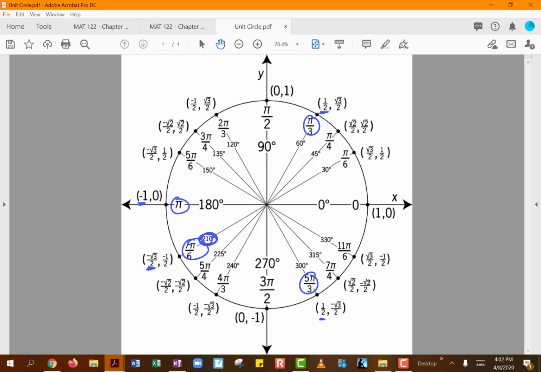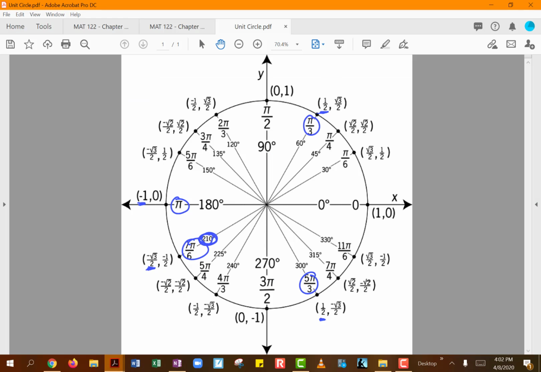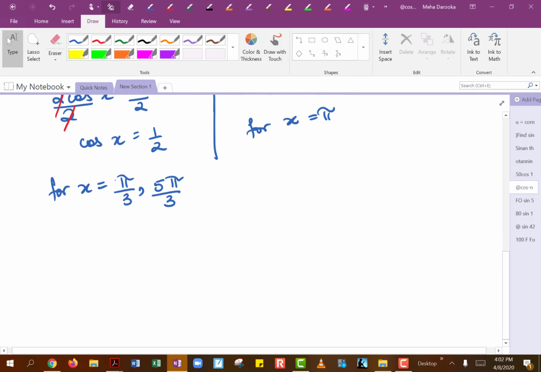You had cosine of x equal to 1/2 at pi over 3, and cosine of x equals 1/2 at 5 pi over 3. And then for this side, cosine of x equals negative 1, of course, happens at pi. Okay, and like they said, they only want the solutions in the interval from 0 to 2 pi.